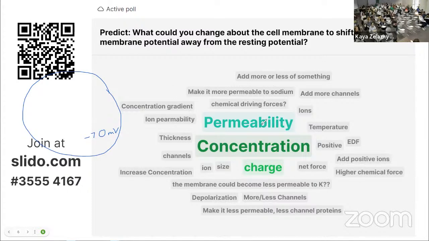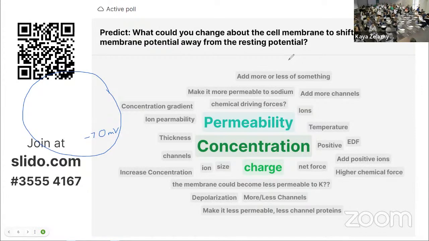What we're going to see instead, actually, we'll address the charge one next, because what I'm going to talk about is permeability. If we changed the charge inside the cell, the change in this value is by definition a change to the resting membrane potential. So if that changes to -60, -50, +30, right? Those different charges on the inside mean we've moved away from the resting membrane potential.